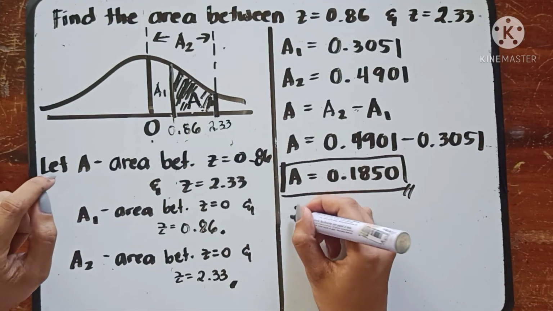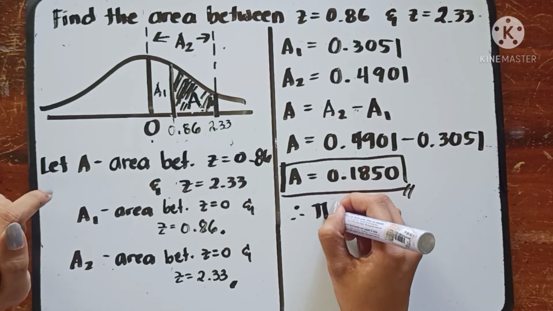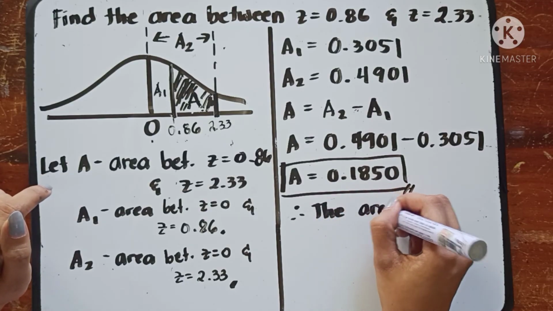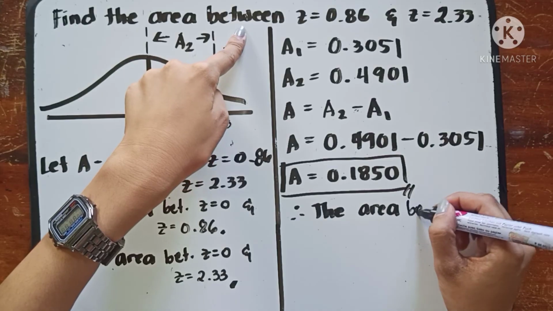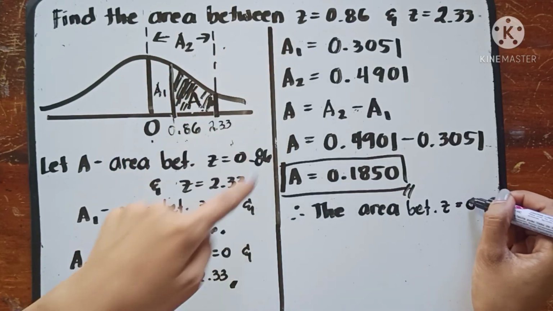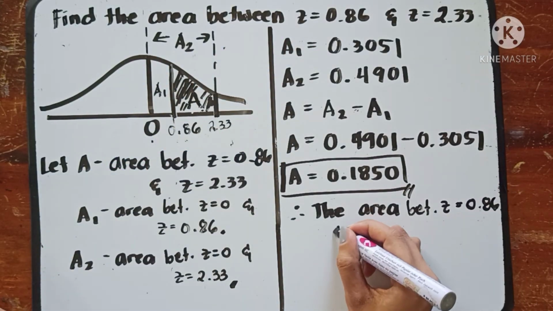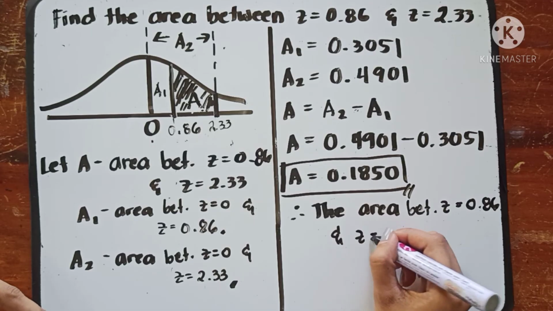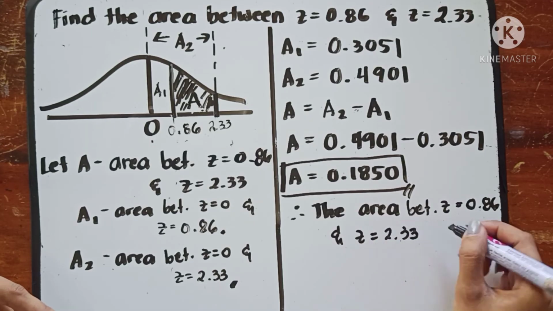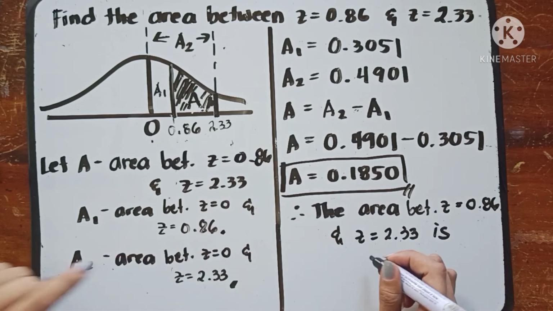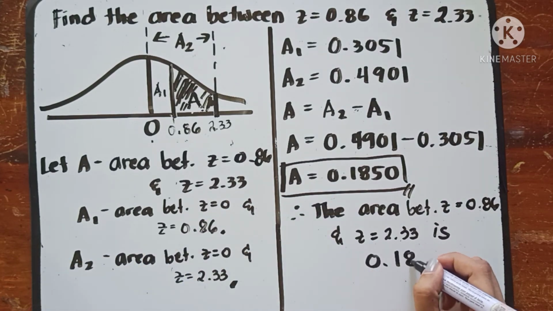Okay, so therefore, or hence, the area between Z is equal to 0.86 and Z is equal to 2.33 is yung nakuha mong sagot, which is 0.1850. Okay? And that's it.